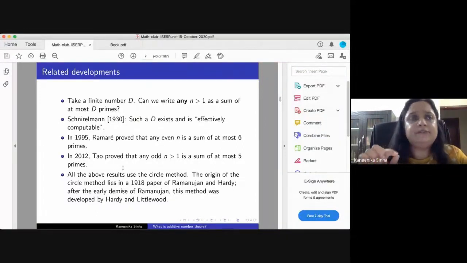You need, if not a formula, then some kind of an asymptotic for the partition function. This was first established in the work of Ramanujan and Hardy in 1918. Unfortunately, soon after that, Ramanujan passed away, and this method was further developed by Hardy and Littlewood.